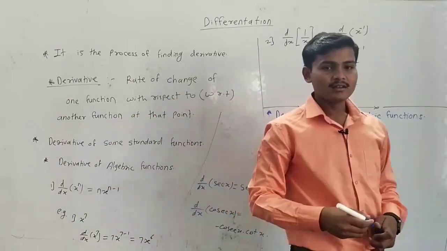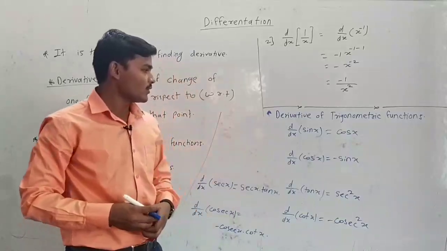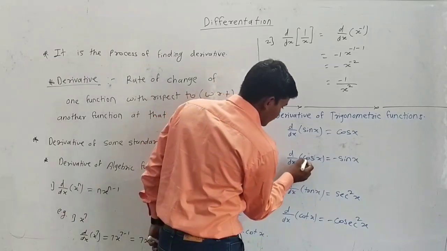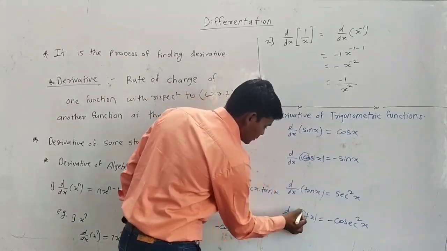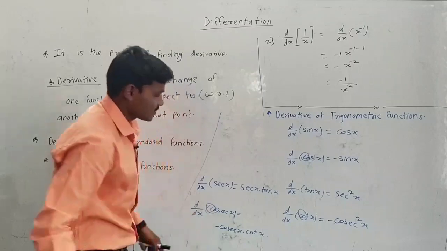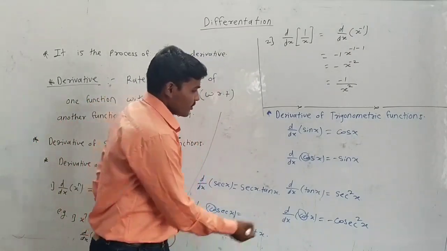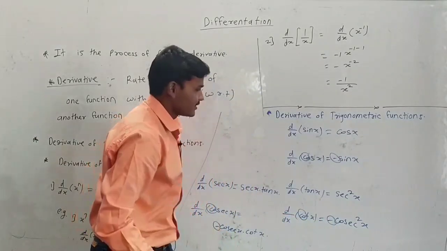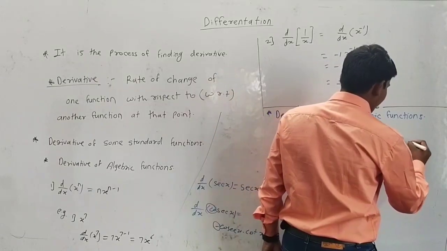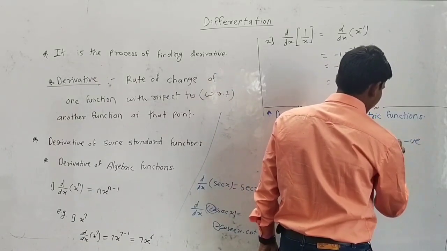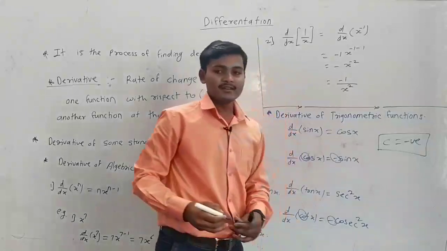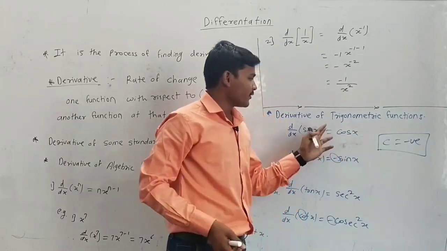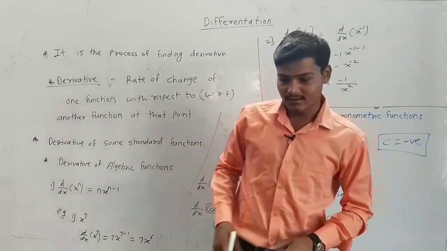We have a simple trick to learn these derivatives of trigonometric functions. We observe where the c functions are, that is cos, cot and cosec. We observe that in the answer we have a minus sign, that means c is always negative in the derivative of trigonometric functions and also in the derivative of inverse trigonometric functions.